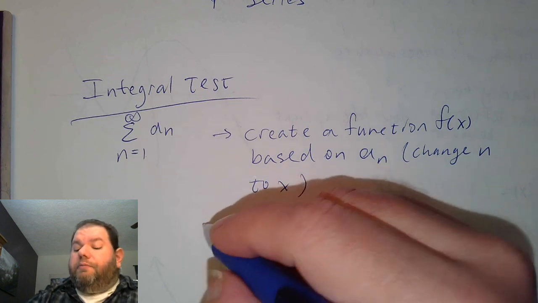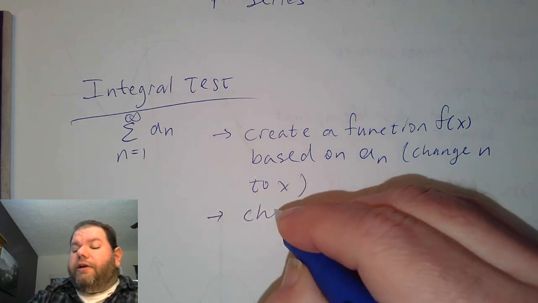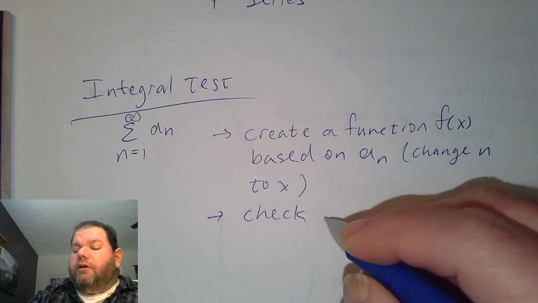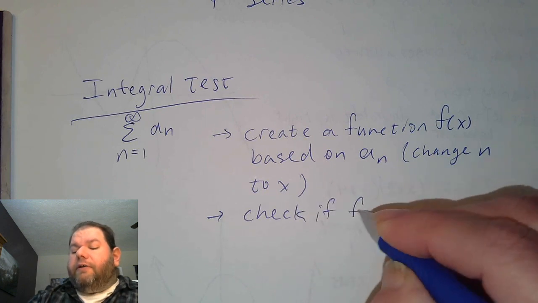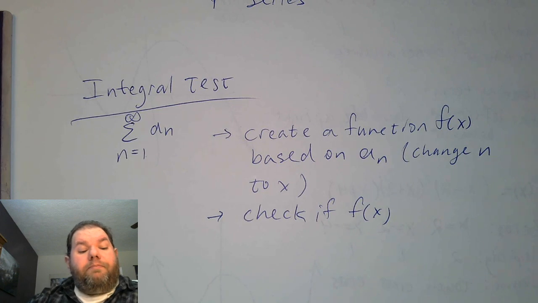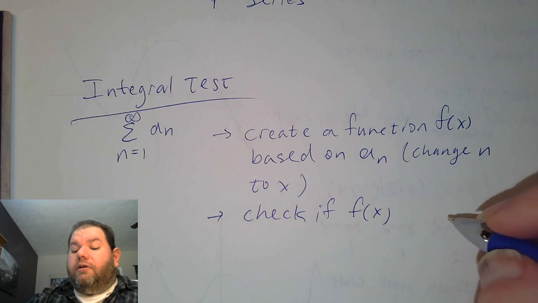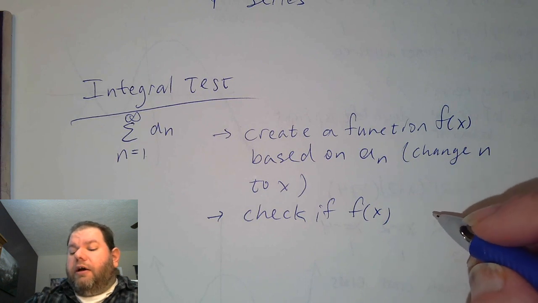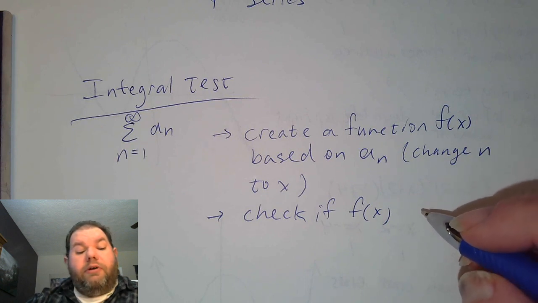Next thing we do is check if f of x is continuous, positive, continuous, and decreasing for x greater than or equal to 1.